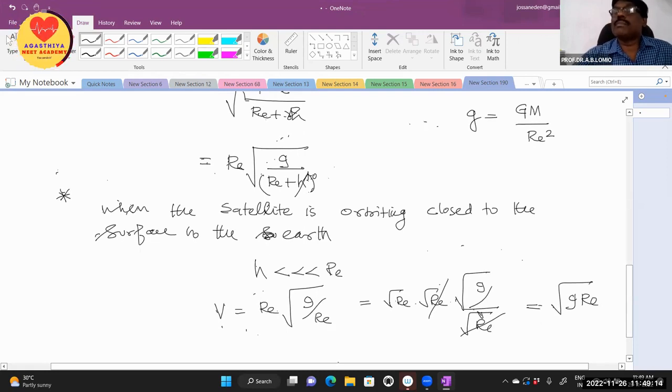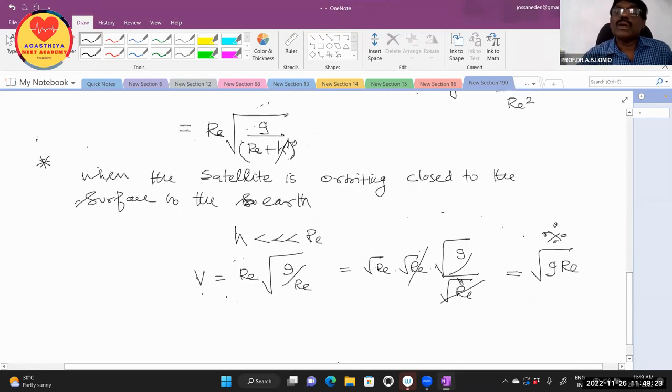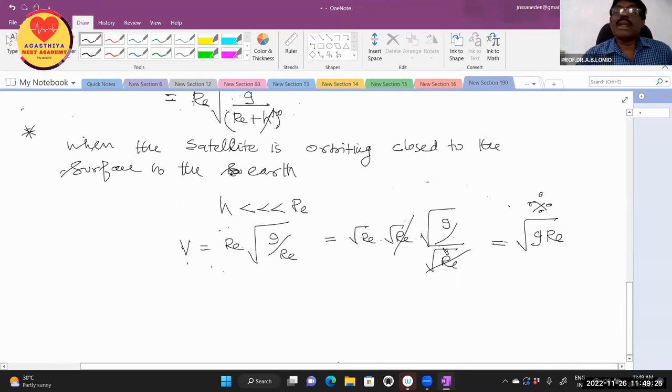Most of the problems related to this formula in the NEET examination are provided that h is negligible. So, the orbital velocity of the satellite depends upon the acceleration due to gravity and the radius of the Earth. Both are constant values.